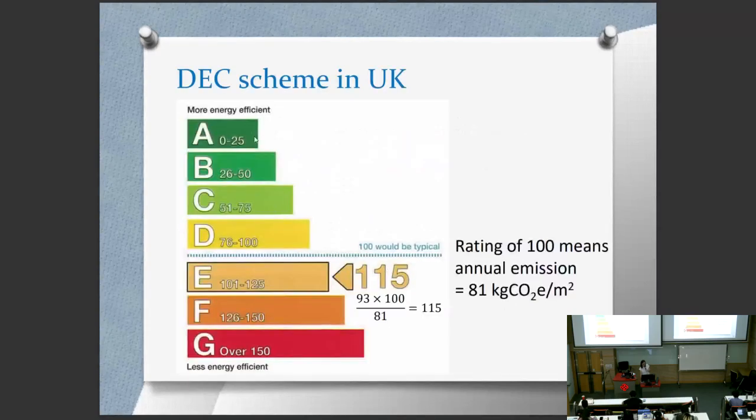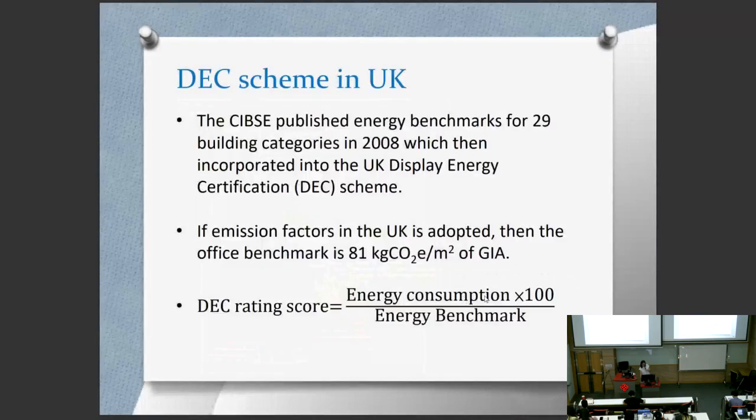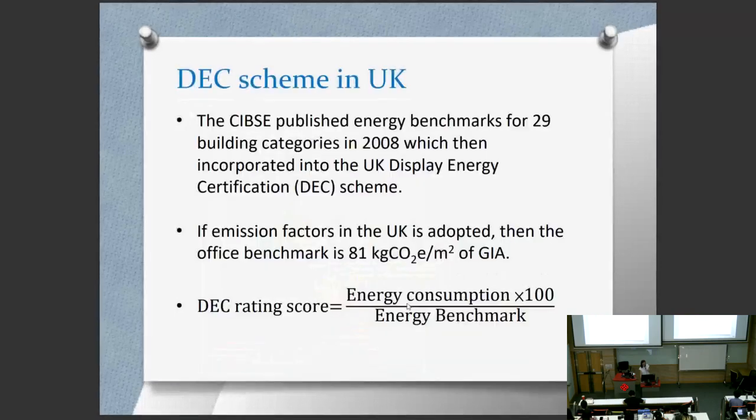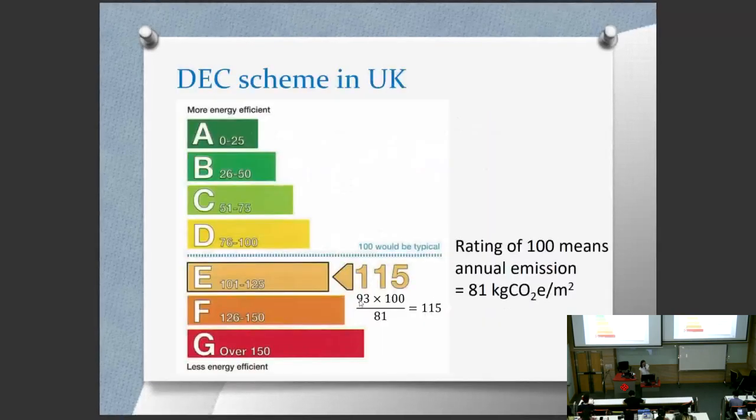For example, here is the rating, and let's say the consumption of my building is 93. Then 93 multiplied by 100 and divided by this benchmark of 81.